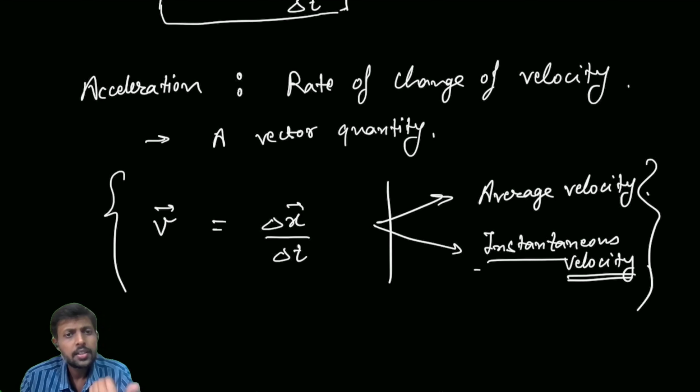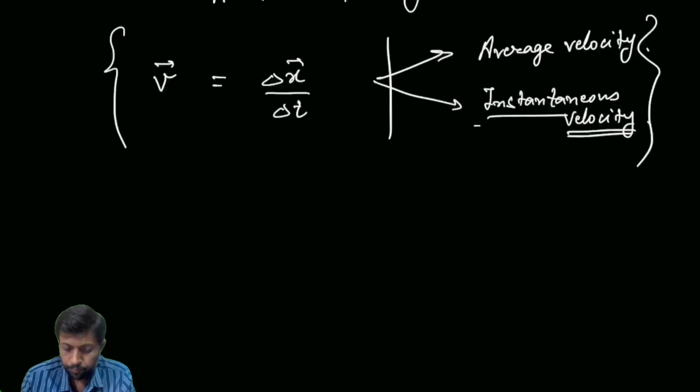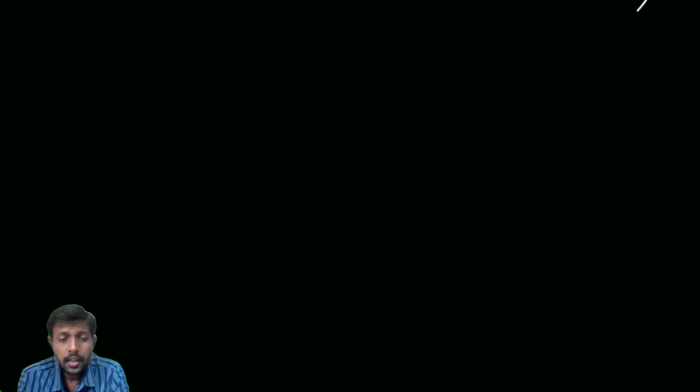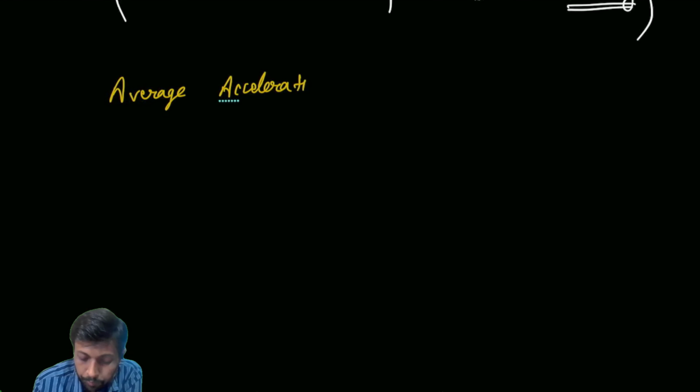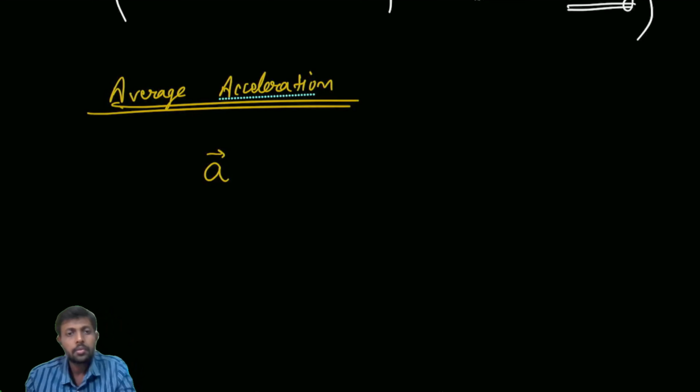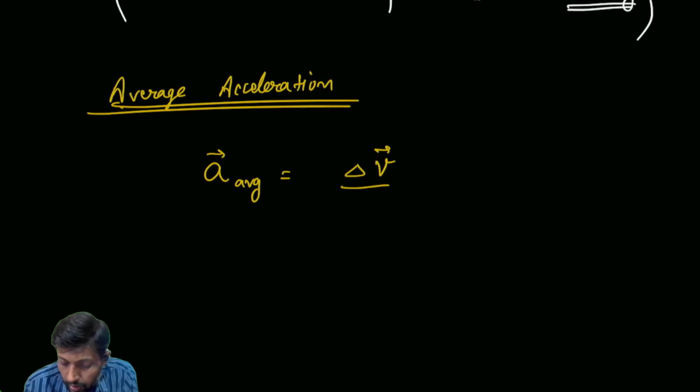Then we are talking about instantaneous velocity. Similarly, acceleration is also classified into two types: average and instantaneous. So we have something called average acceleration. Average acceleration is what we saw just now. Average acceleration is defined as delta v upon delta t.